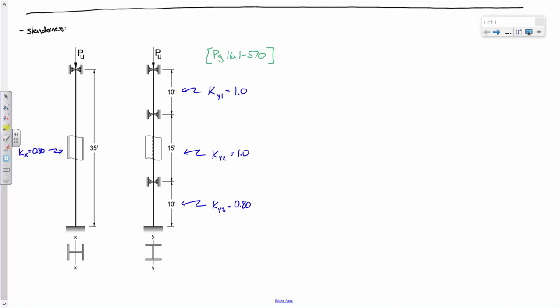Let's start off with the x-axis. So remind me real quick, just so I have it up here, what was Rx and Ry? So, that's 35 feet and that, right?